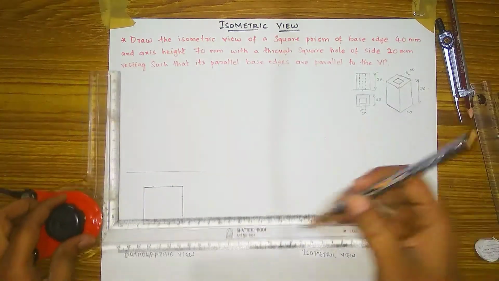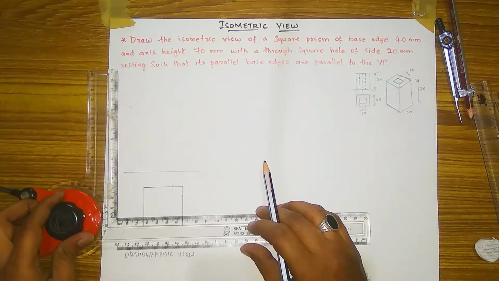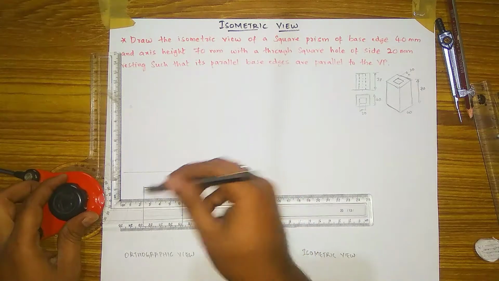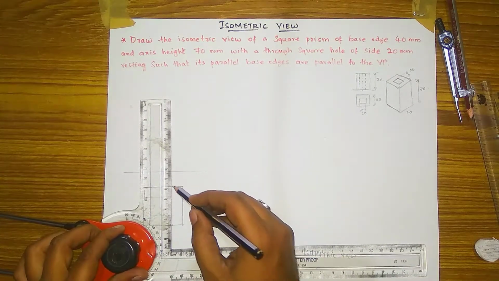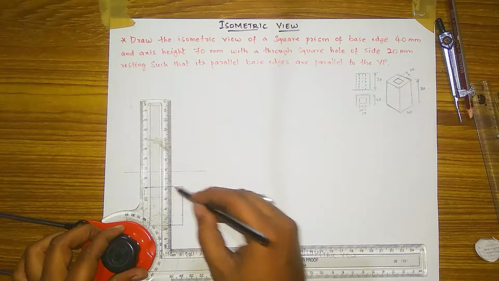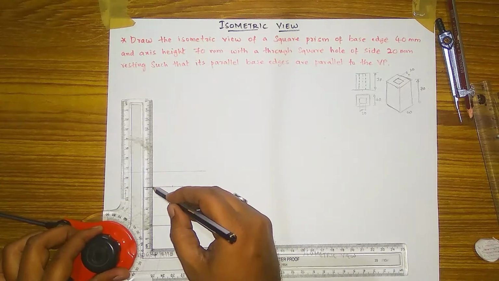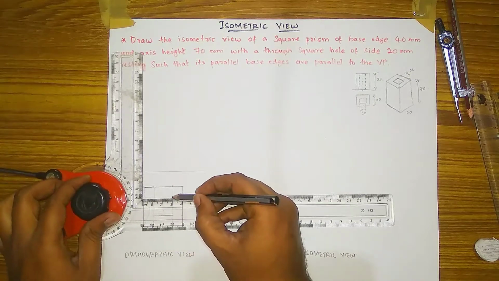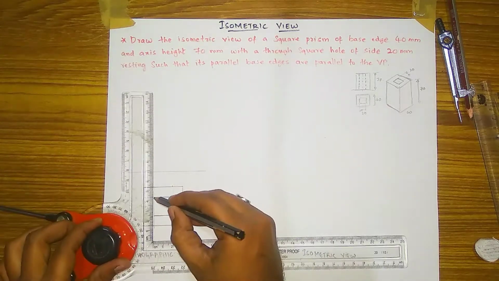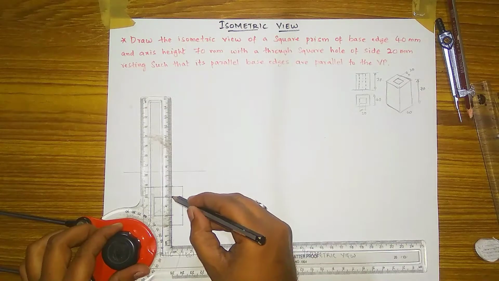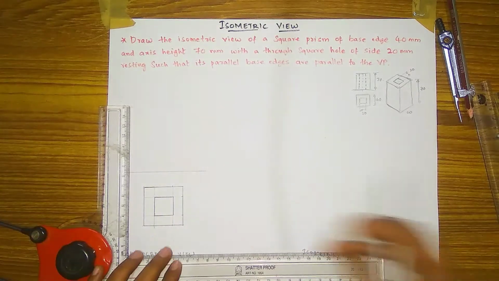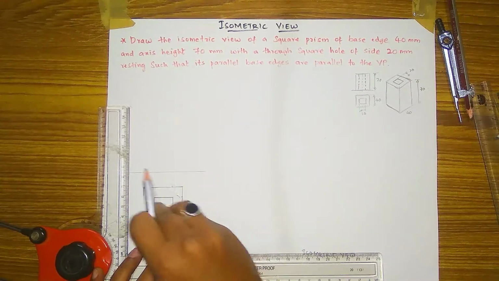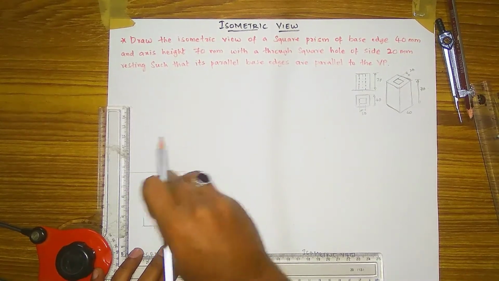Then after taking the arcs, with this parallel line, draw a line like this with those arcs you have made, and from here also like this. Here your square has been created, so dark it. Then you can rub the lines you have drawn inside of that square.